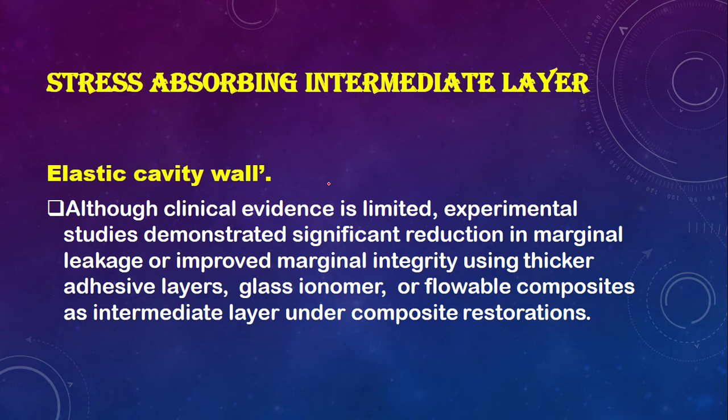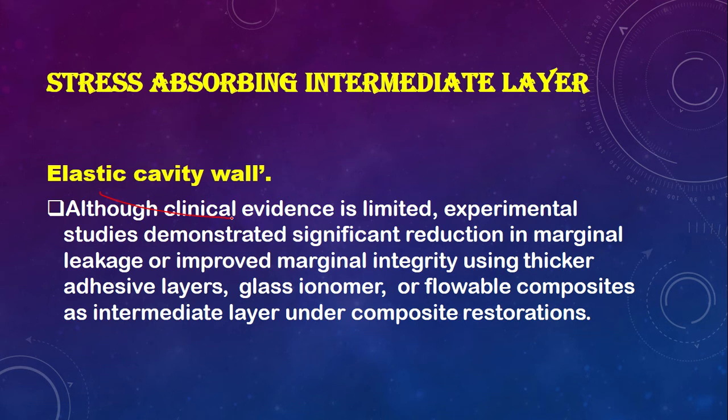Right, so now coming to the topic, that is the elastic cavity wall. In this concept, we place an intermediate layer having a lower elastic modulus, which acts as a stress absorber, and it reduces the shrinkage stress generated.